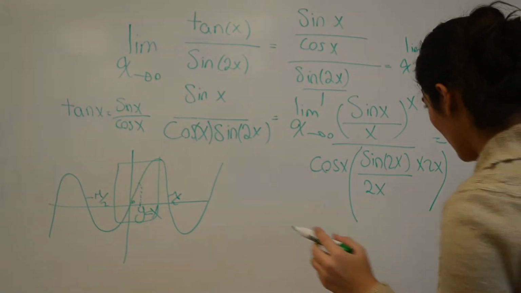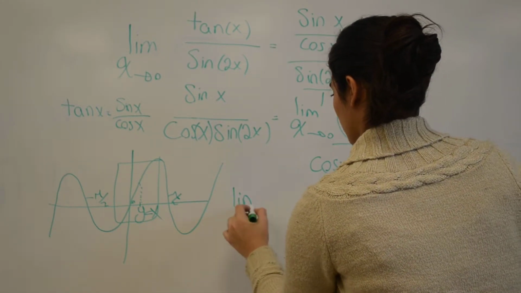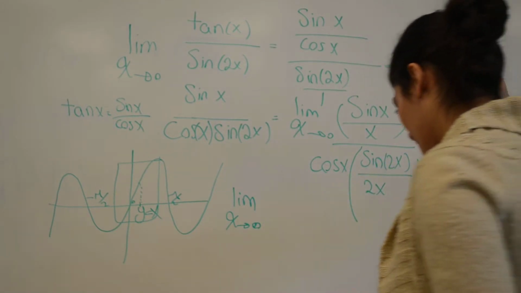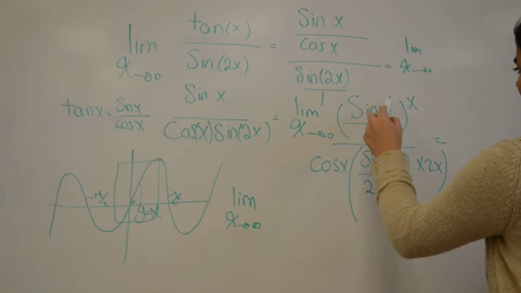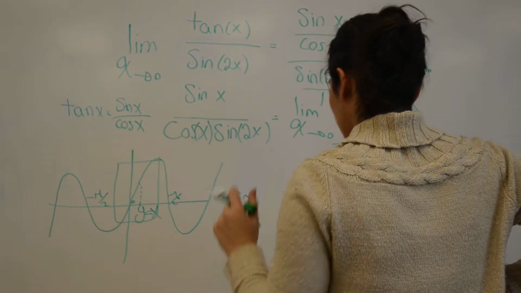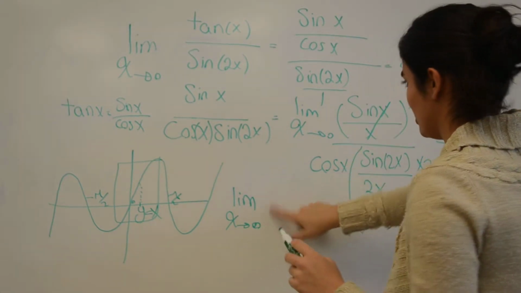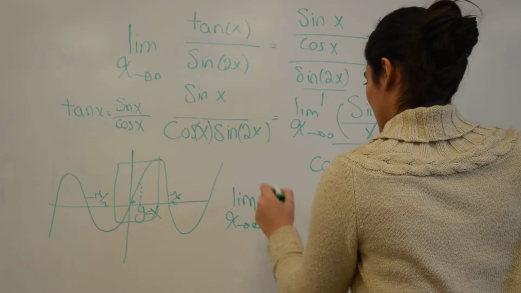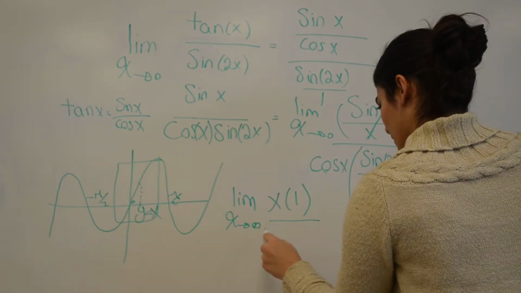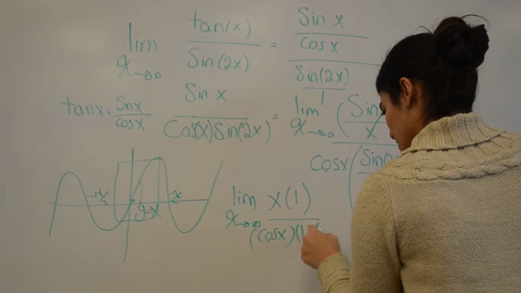So we'll end up having the limit as x approaches 0. We know that these x's cancel out. So we're left with x times 1, because we know sine x over x equals 1 when x approaches 0. So we'll have x times 1 over cosine x times 1 times 2x.